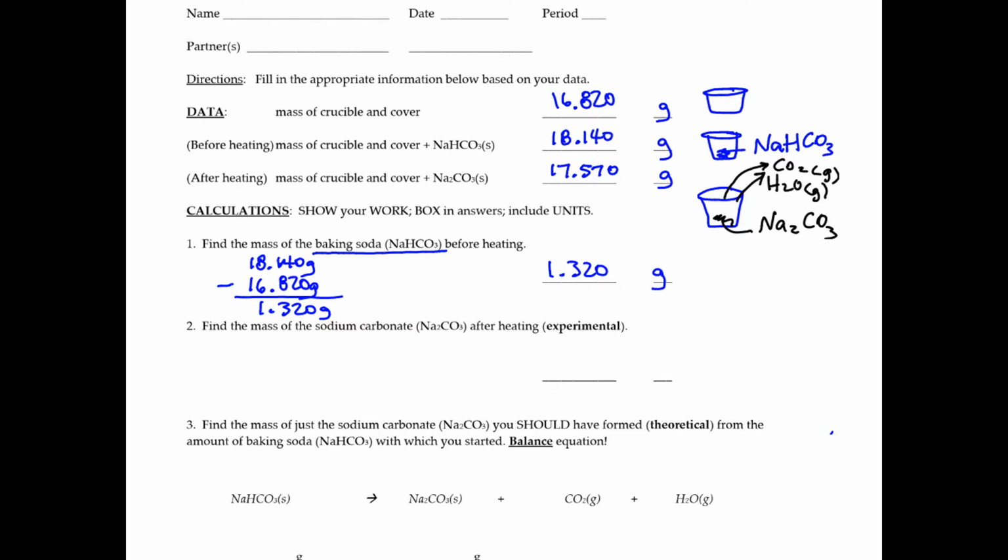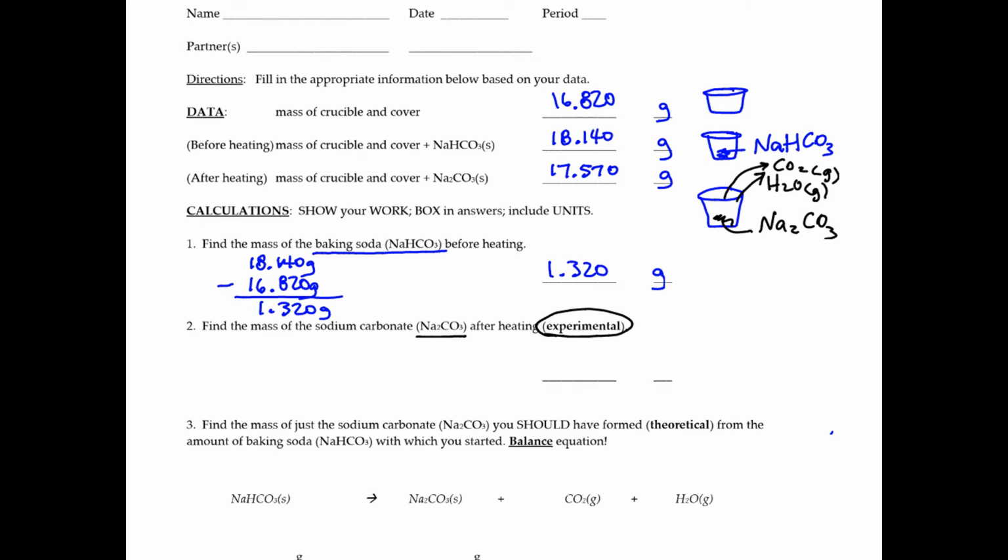Then we're going to find the experimental amount of Na2CO3 that we formed. When you look at these diagrams, you'll notice that the Na2CO3, sodium carbonate, is in the final weighing. So if you simply subtract the empty crucible from the final weighing, you'll get just the sodium carbonate.